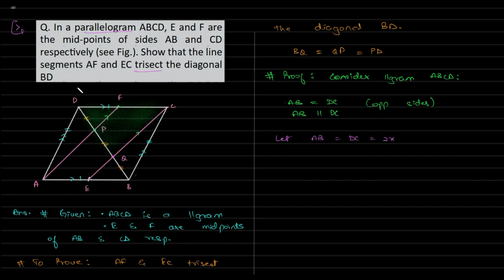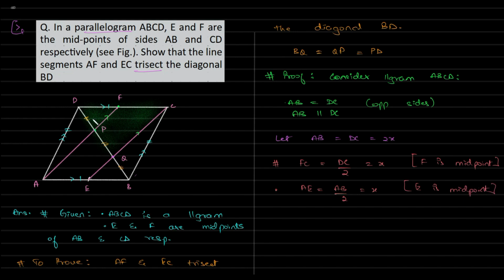So this entire length is 2x. Now, FC is equal to DC by 2, which is equal to x, as F is the midpoint. On similar lines, AE is equal to AB by 2, which is equal to x, as E is the midpoint.